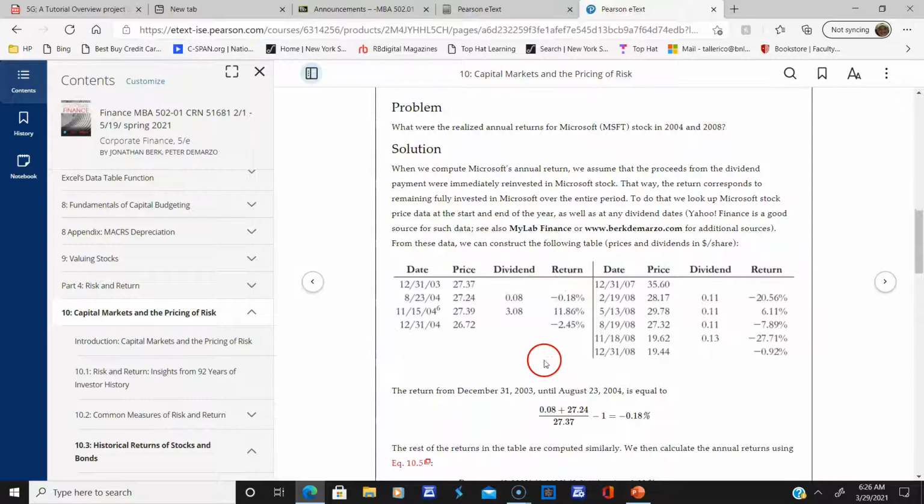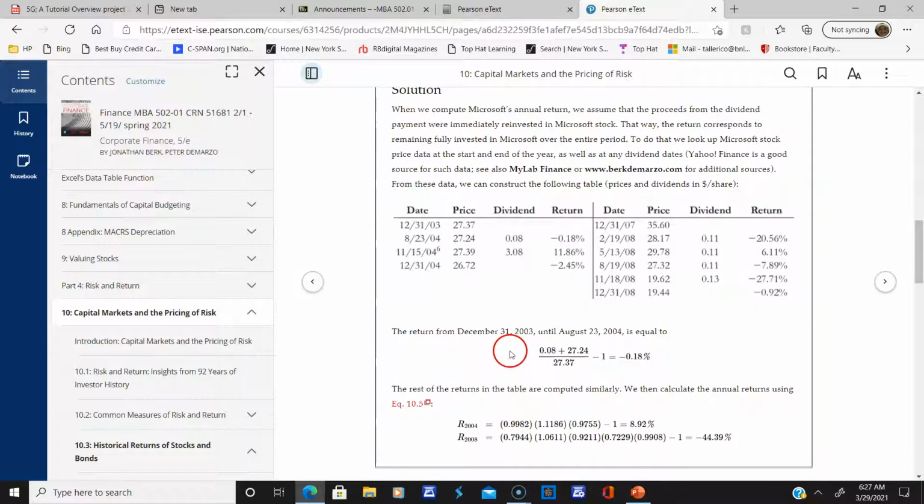Okay. So what were the realized annual returns for Microsoft stock in 2004 and 2008? So 2004, it was 0.08.